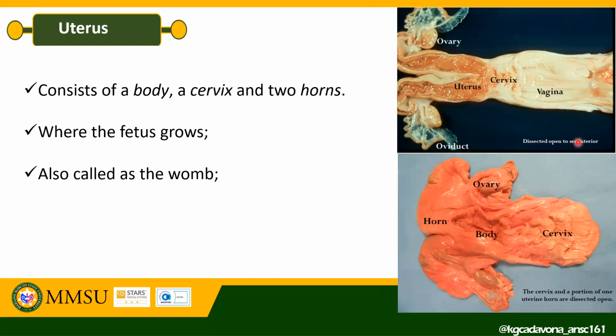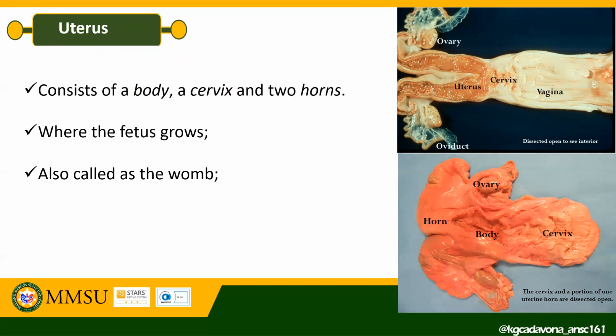Then the third part of the female reproductive system is the uterus. The uterus is composed primarily of two horns, of which each horn corresponds to a specific ovary, and a small body, or what we call the uterine body, just next to the cervix, which is also called the neck.